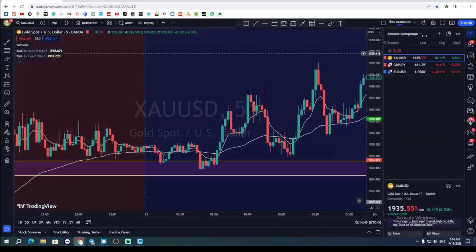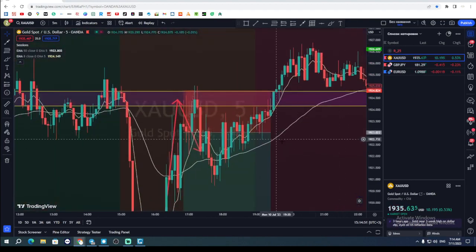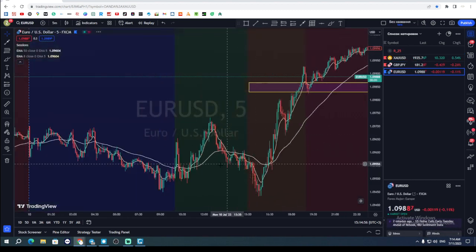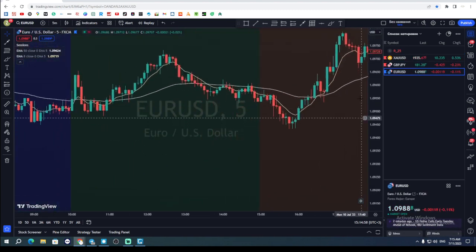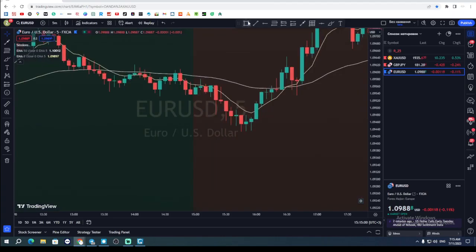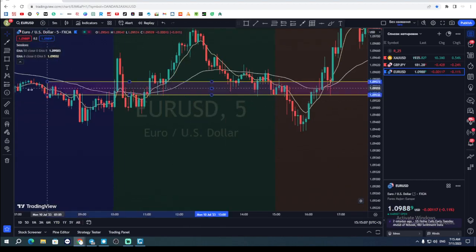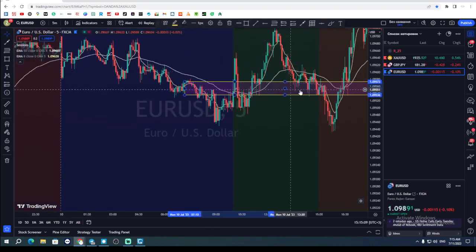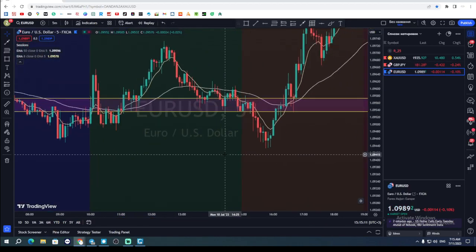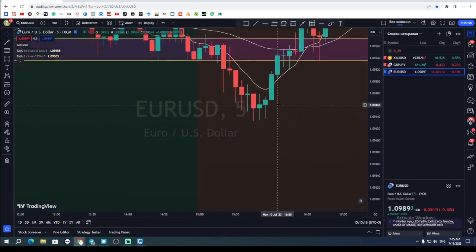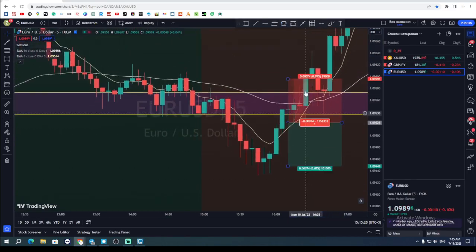But if, for example, like how it happened yesterday, yeah, on the Euro USD, the Euro USD yesterday played out perfectly, yeah. You can check my yesterday's analysis, yeah. That was the low of the London, yeah. So basically yesterday what happened, yeah, yesterday I took a trade here, and look how perfectly everything lined up, yeah.